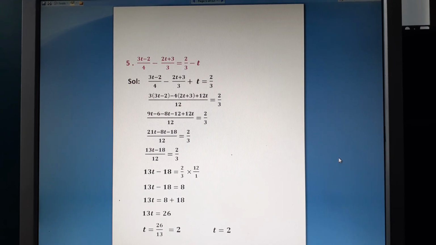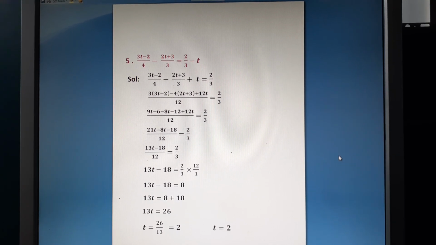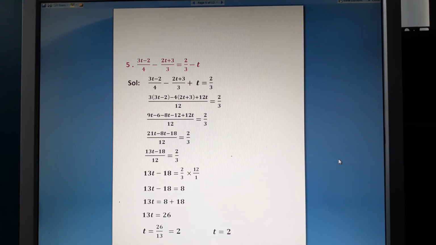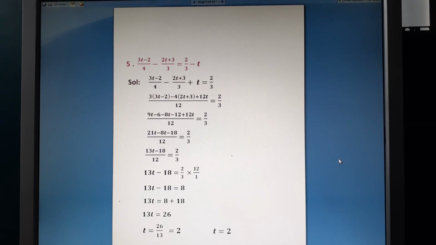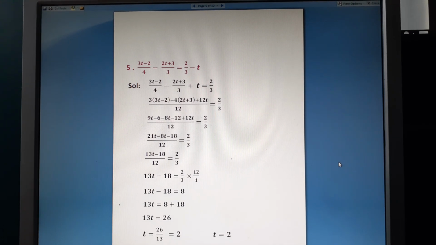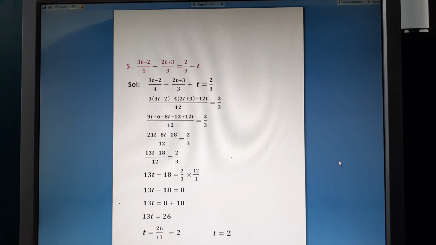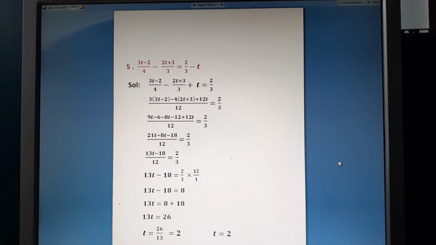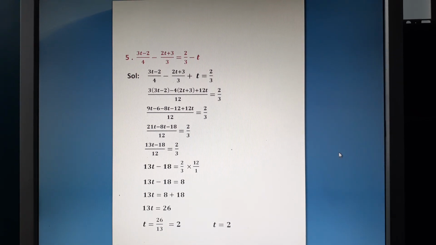That is equal to 2 divided by 3. 3 into 3t 9t minus 3 minus 2 into 3 minus 6 minus 4 into 2t minus 8t minus 4 into 3 minus 12 plus 12t whole divided by 12 is equal to 2 divided by 3.